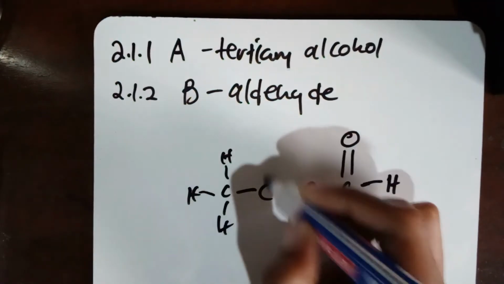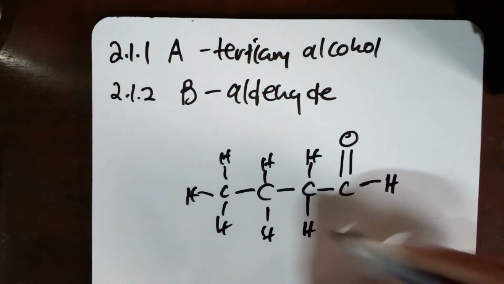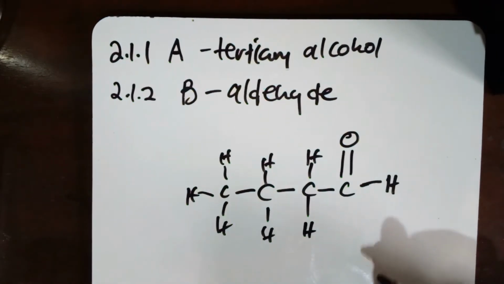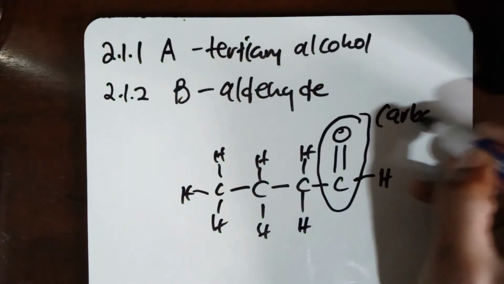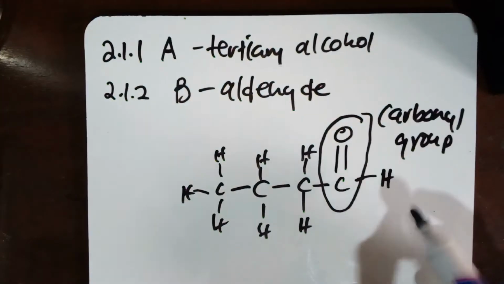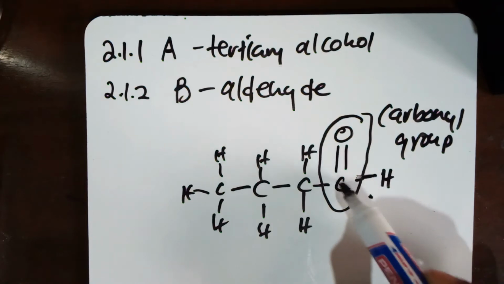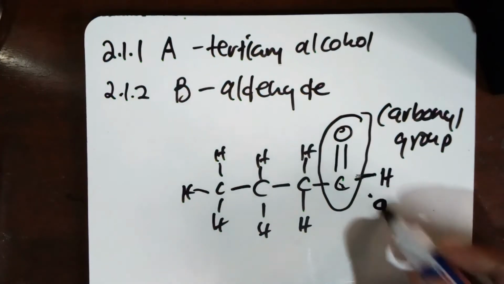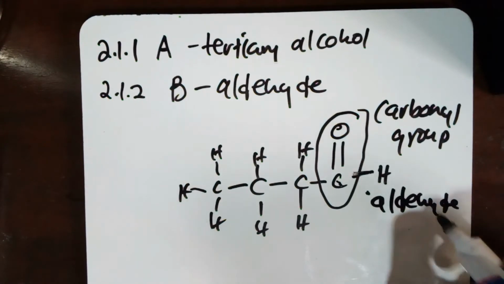Hydrogen, just trying to draw this as fast as I can. So this is the structure that they gave us, and we call this the carbonyl group that I spoke about. And if you look at it, there is a hydrogen bonded to this carbonyl group, so that's how you identify that it is an aldehyde there towards the end. And then okay, let's move on.